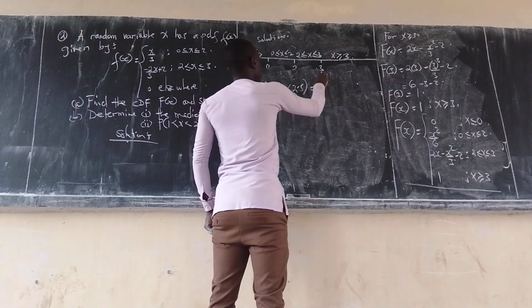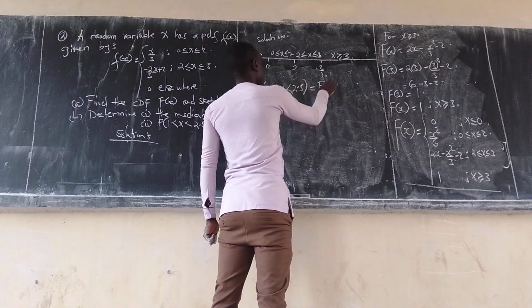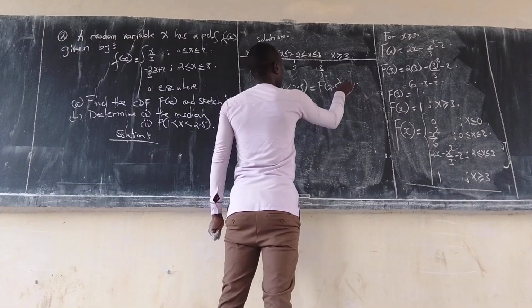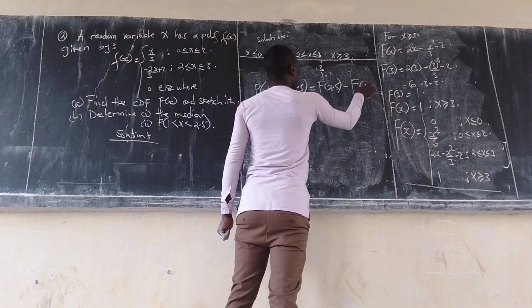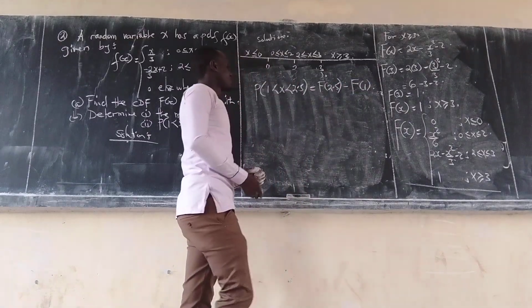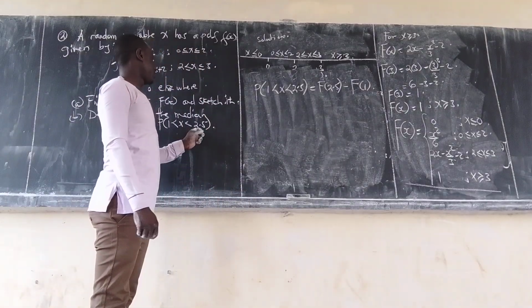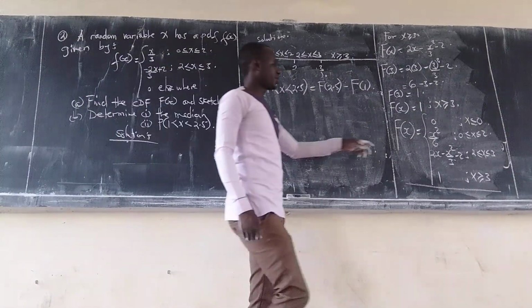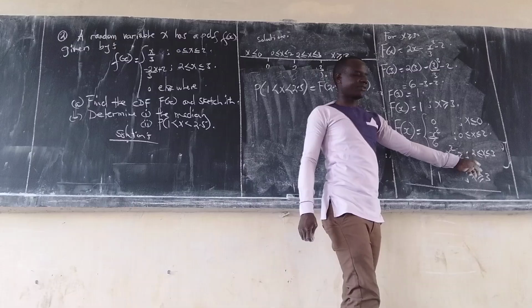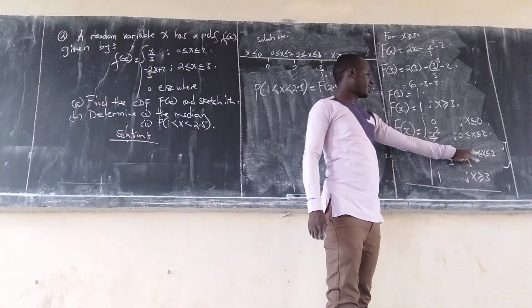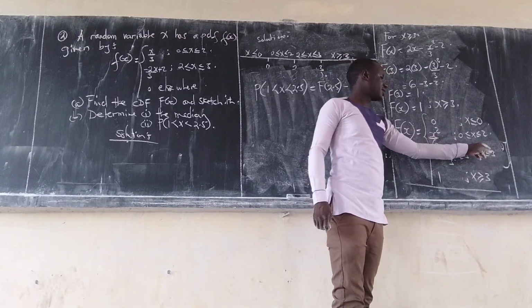So you get capital F of the last value, which is 2.5, minus capital F of the first value, which is 1. So for capital F of 2.5, you go here and you place where 2.5 lies. 2.5 lies between 2 and 3, so it is here.